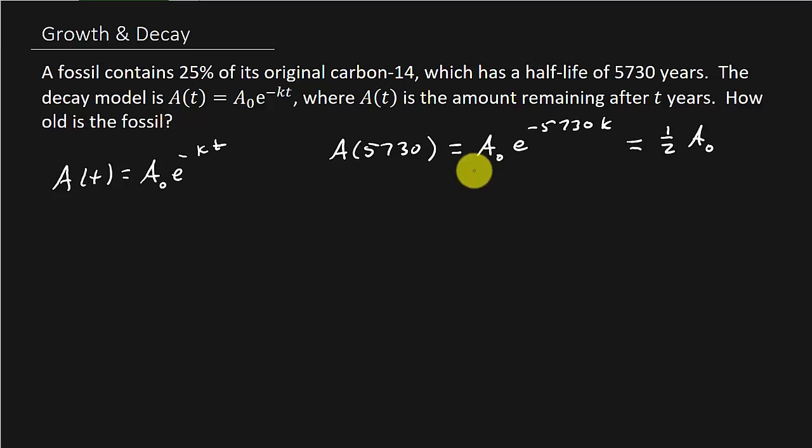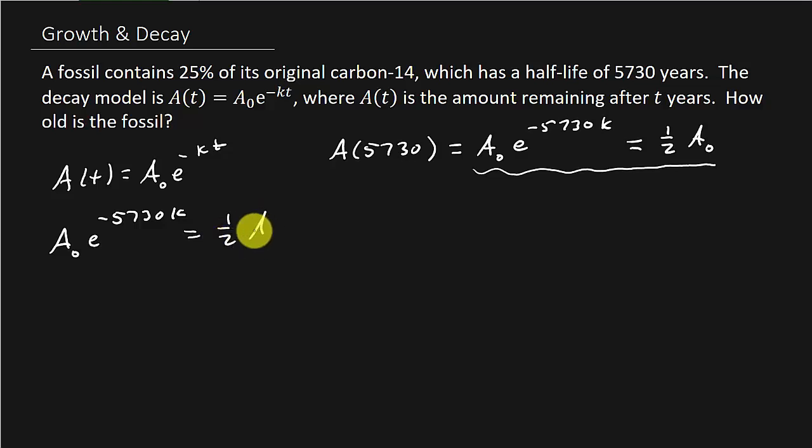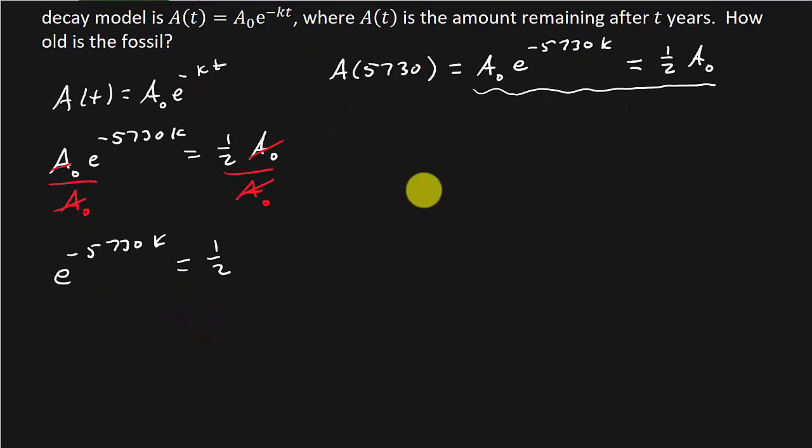So you see this equation here? We can solve that for k. If we take A naught e to the negative 5,730 k equals half of A naught, we divide both sides by A naught. This one and this one cancel, and we're left with e to the negative 5,730 k equals 1/2.